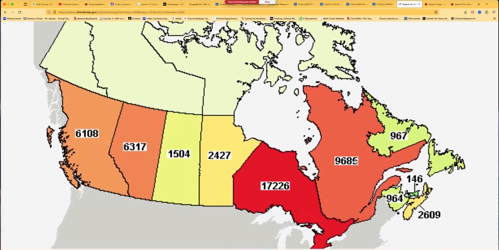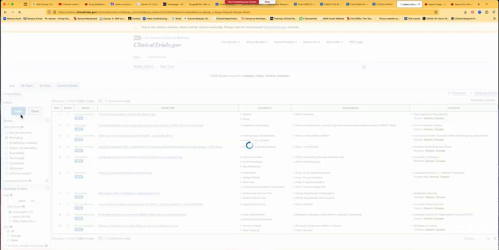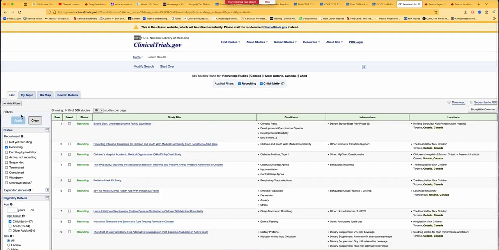If I would like to know what the studies are in Ontario, I come to Ontario, and I can now see all of the studies in Ontario. And now I just want to know which studies are recruiting now, and this is in the pediatric population. I apply this, and I'm going to have 569 studies.